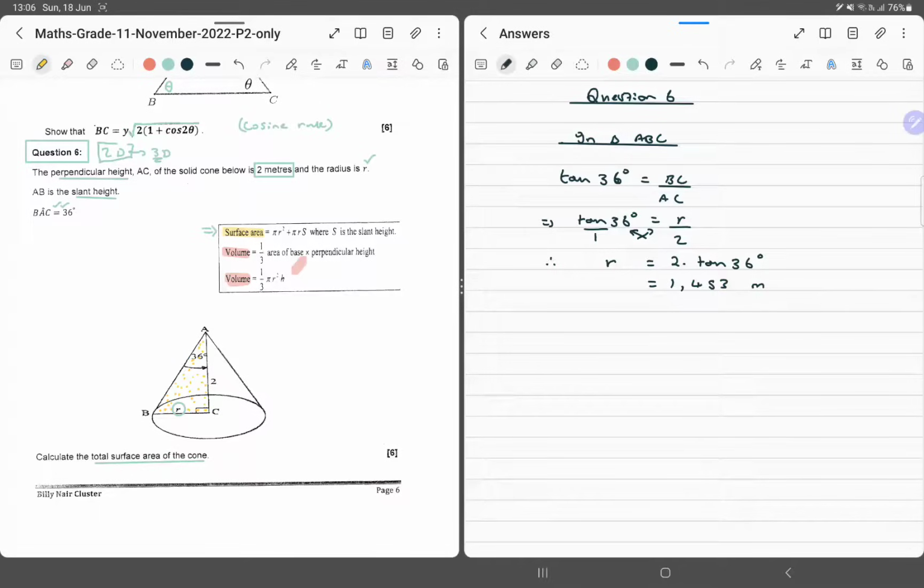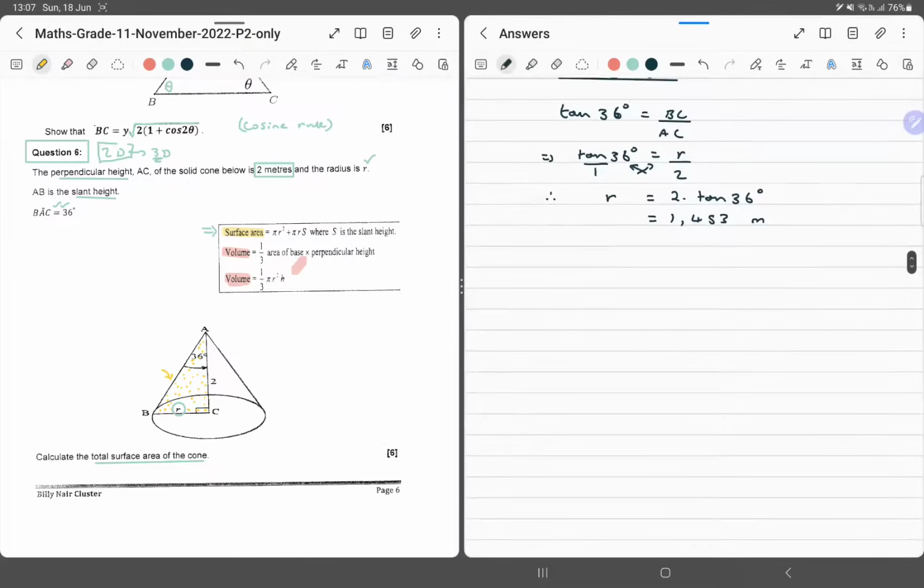We needed that r. Is there anything else? We need the slant height. The slant height is important as well. So we can say also in that same triangle, we can see that we've got the adjacent, we want the hypotenuse. So this is the same as cos of 36 degrees.